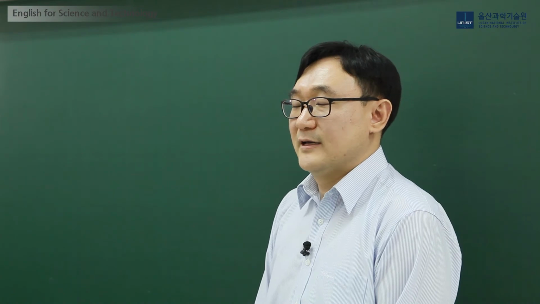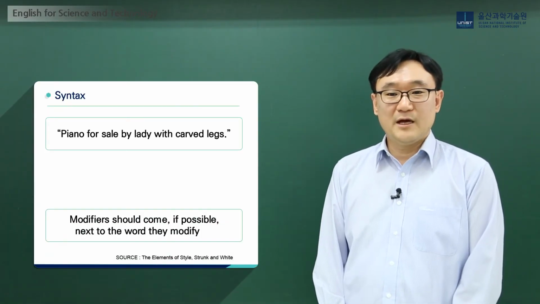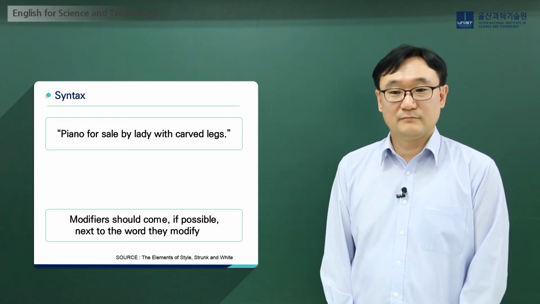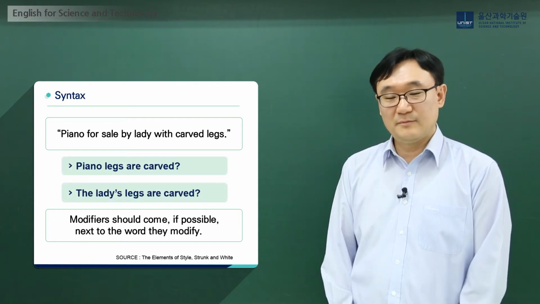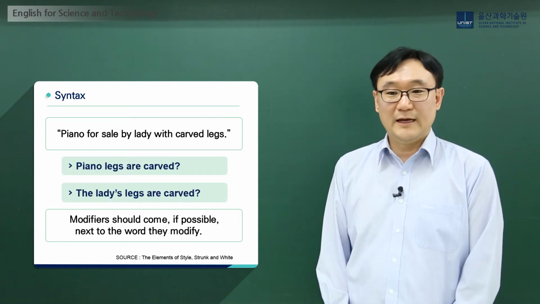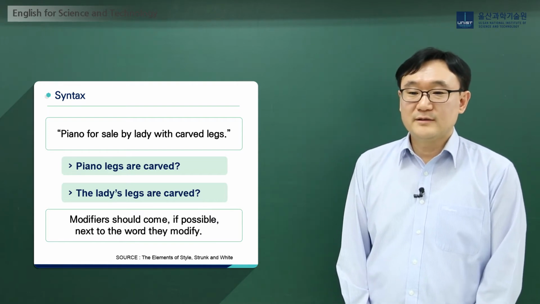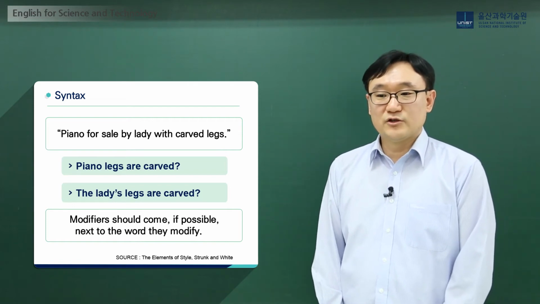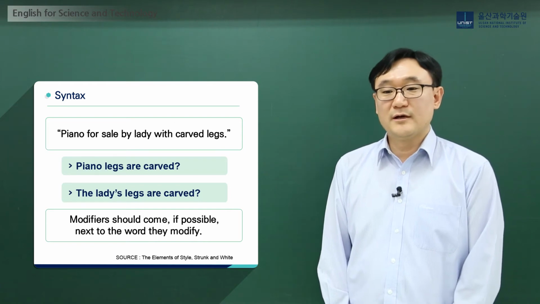Here's an odd sentence from a classified ad. A piano for sale by a lady with carved legs. So the question is, the piano legs are carved or lady's legs are carved? This is why one of the writing authors says modifiers should come, if possible, next to the word they modify.